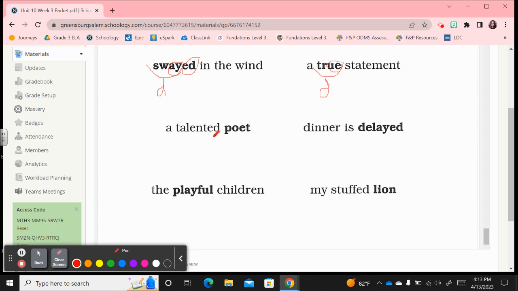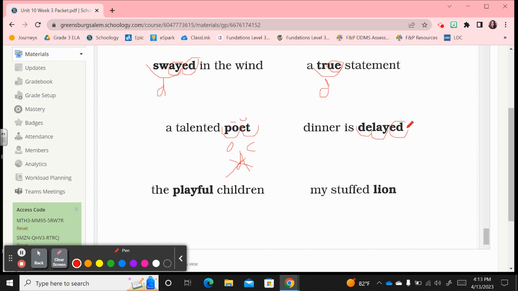A talented poet. We have poet. Long vowel open, short vowel closed. Okay. And it looks like the O and the E are a double vowel, but they're not. So we're going to do double vowel exception in between there. Dinner is delayed. Okay. So we have delay as our base word.